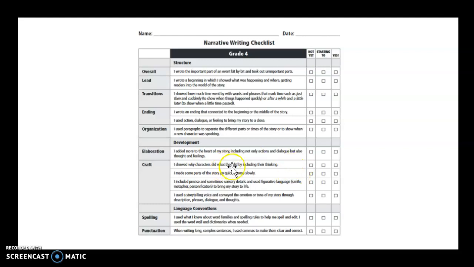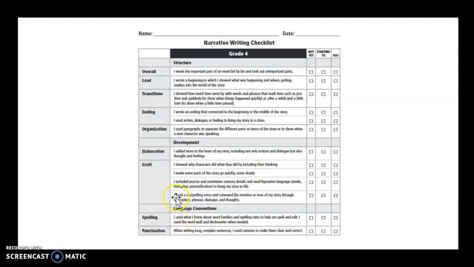Think about a simile, metaphor, personification, bringing him to life. That author could have done that with that description of that character. So I want you to go back through your paper as you're revising and think about places where you can use some figurative language to really paint a clearer picture of maybe the setting, maybe the scene, maybe the feelings, maybe the character itself, wherever you can add that figurative language in there.